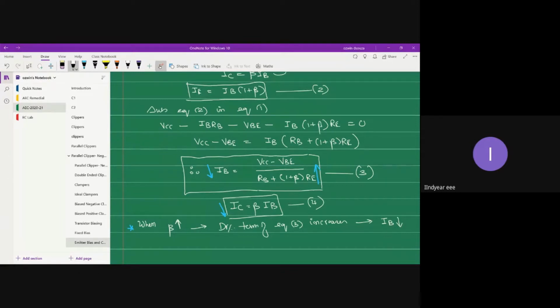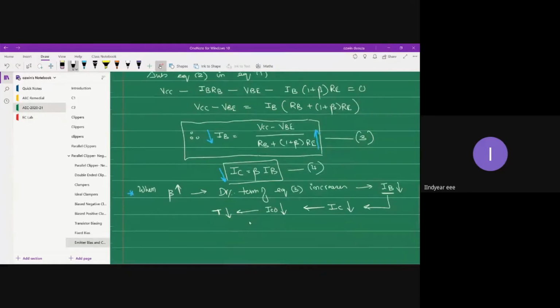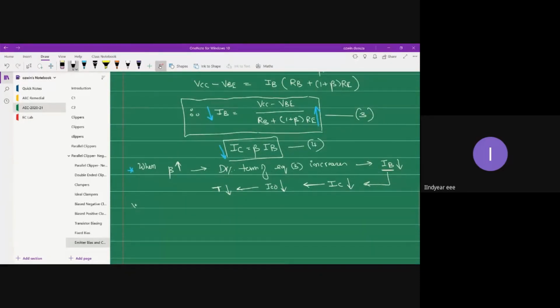With the decrement in base current, the collector current decreases. When the collector current decreases, the leakage current will also reduce, and due to which the temperature gets reduced. So this is how the compensation is taking place, due to the presence of emitter resistance.